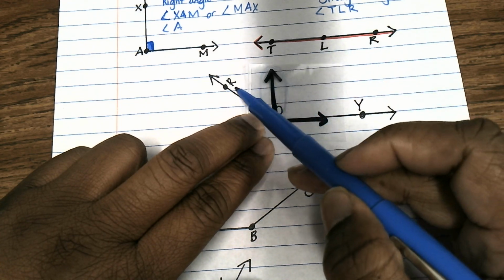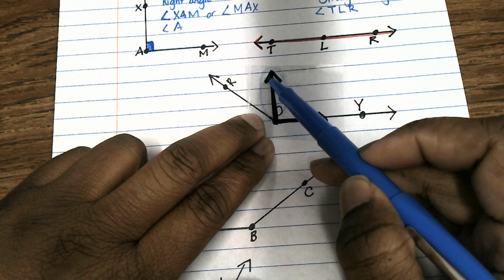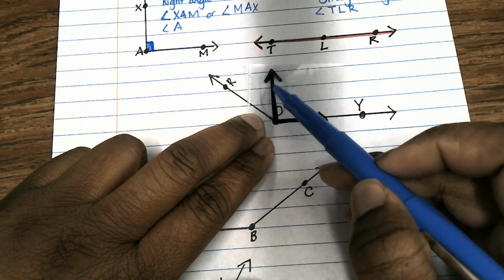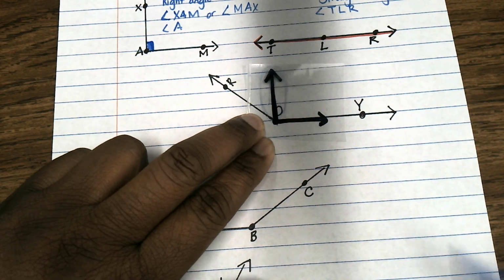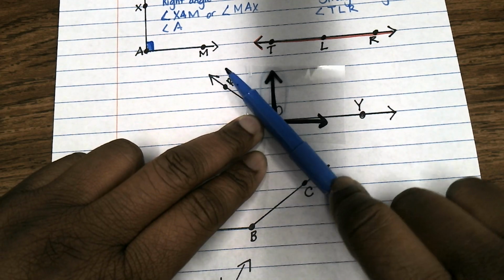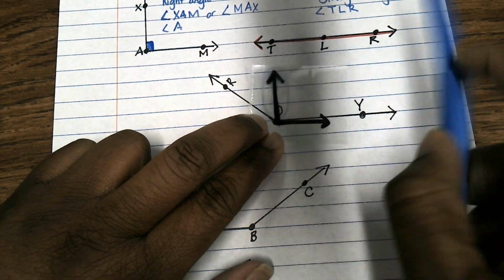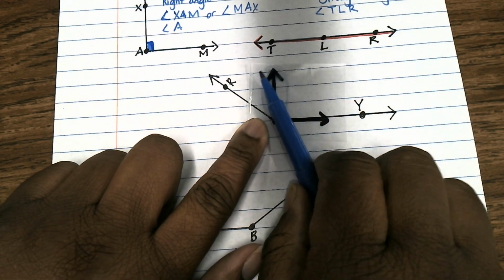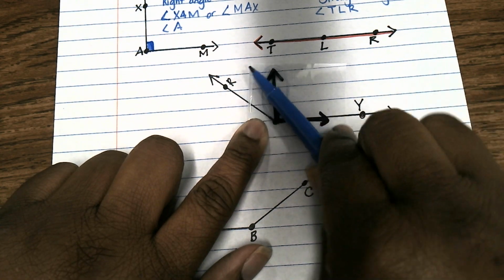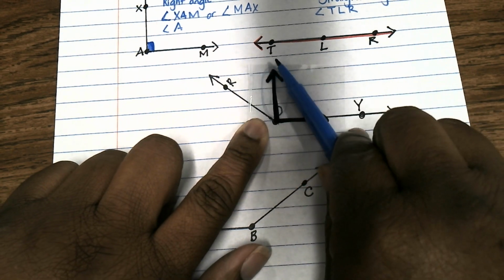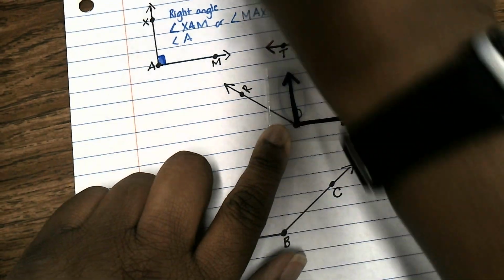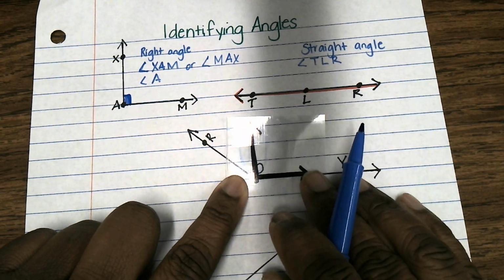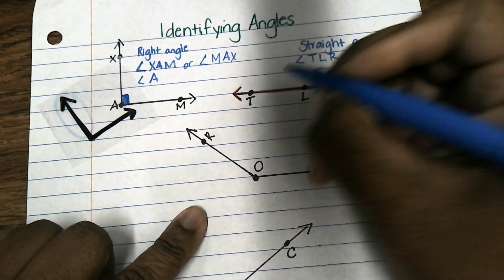In order for this to match up with that, it will have to lean back, because right now it's standing up straight as a right angle, but this would fall backwards and turn that way. So when you have a 90-degree angle and it falls backwards, it's opening up wider. So an angle that opens up to be wider than a right angle is going to be an obtuse angle.